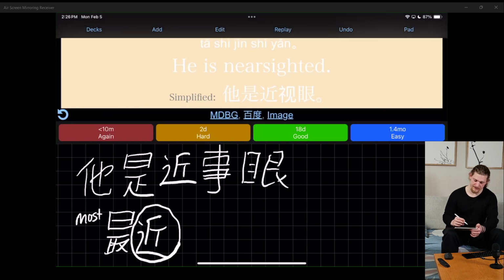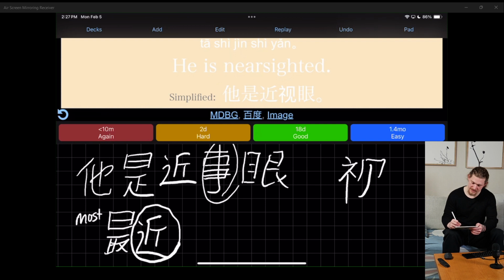Oh, no. So, we've gotten it wrong. The character that I've used is for things. And this is the 视 from 电视, meaning television.